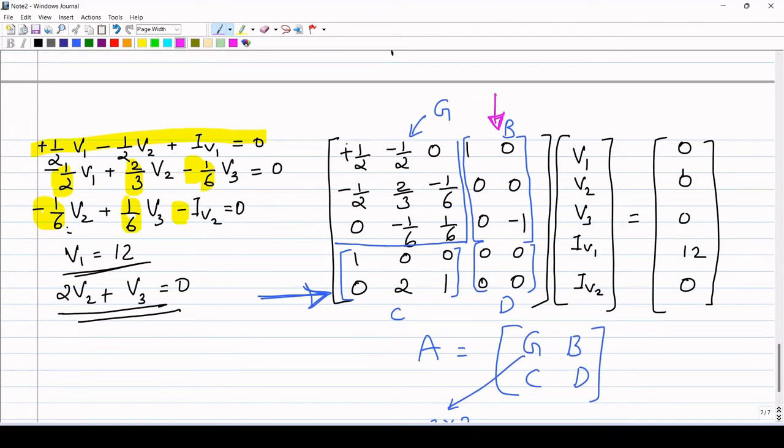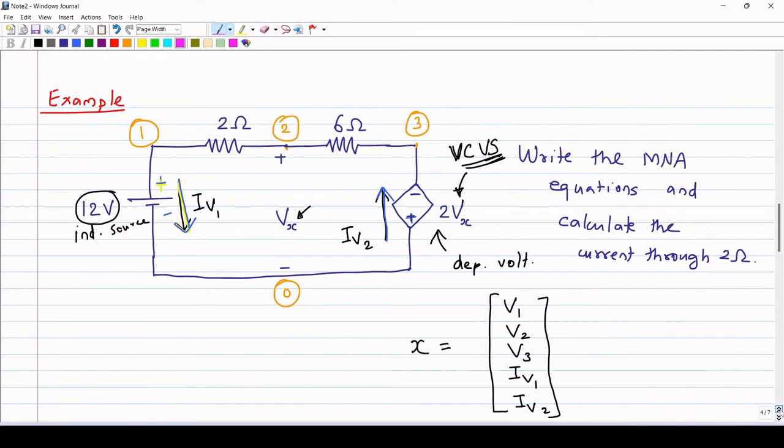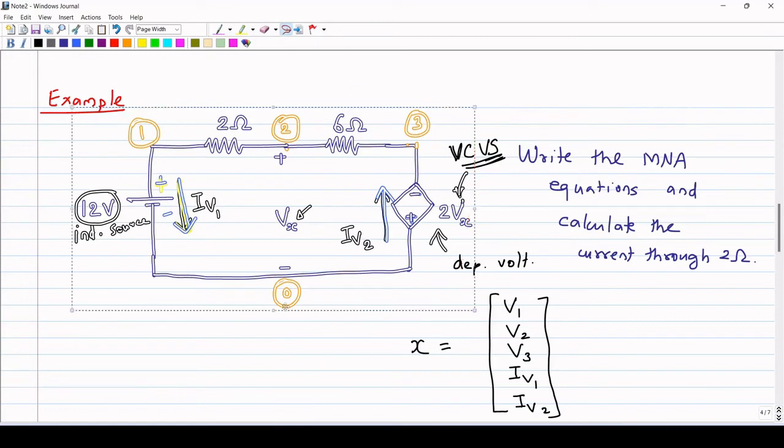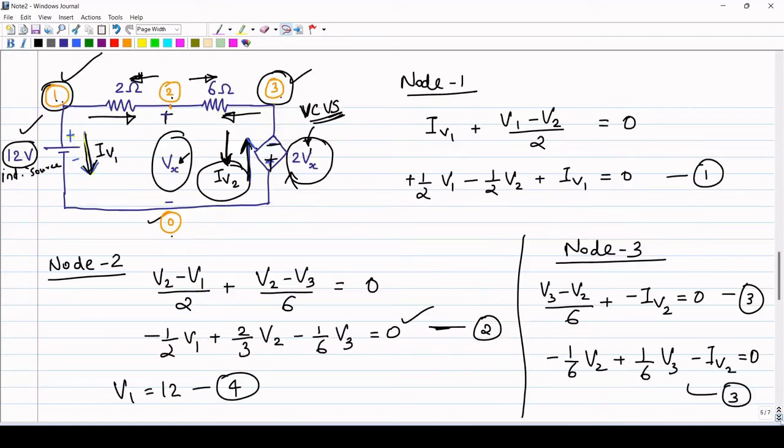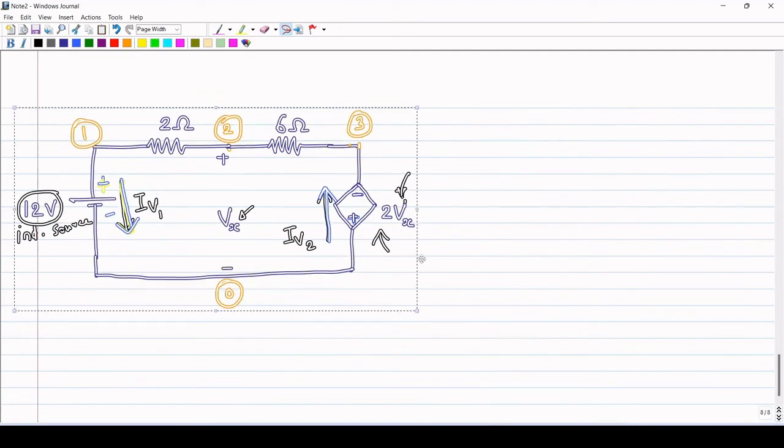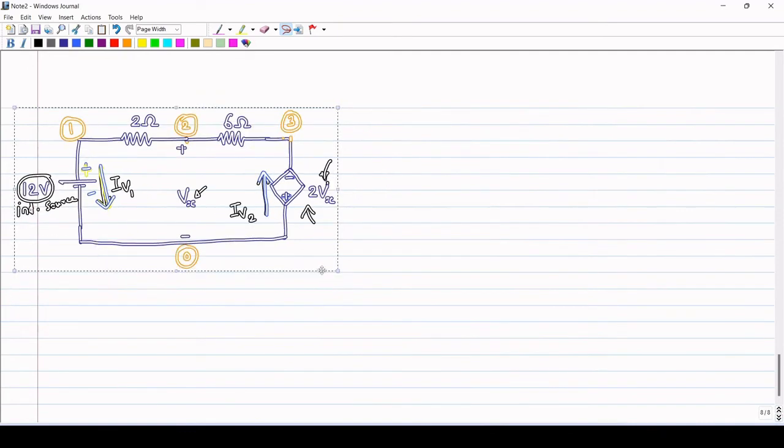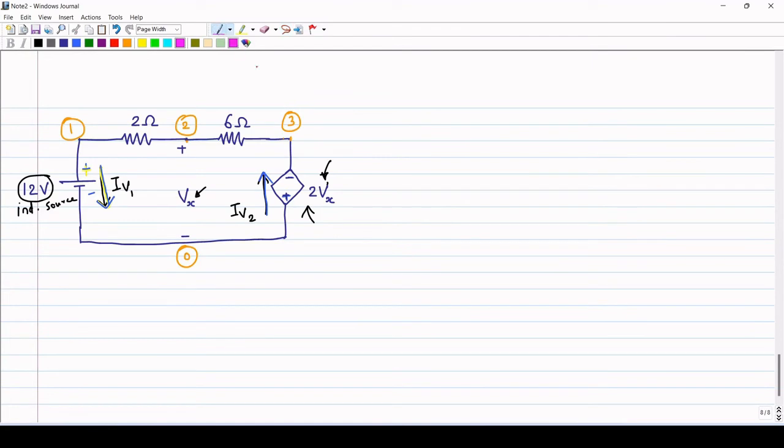So let us check whether we can write this system directly. For that purpose, let us copy the diagram once again, and let us write the matrix by inspection directly.